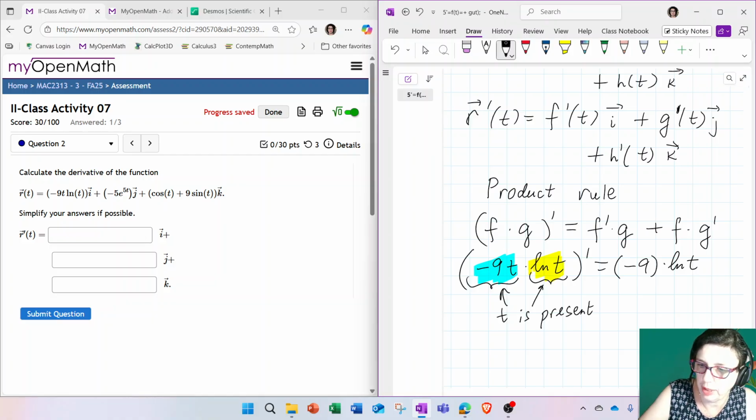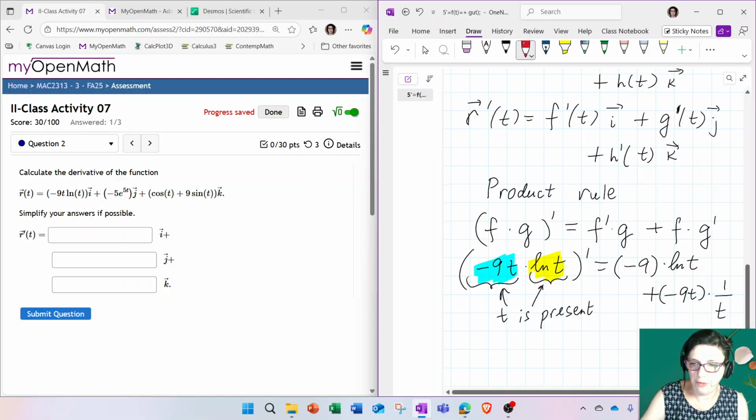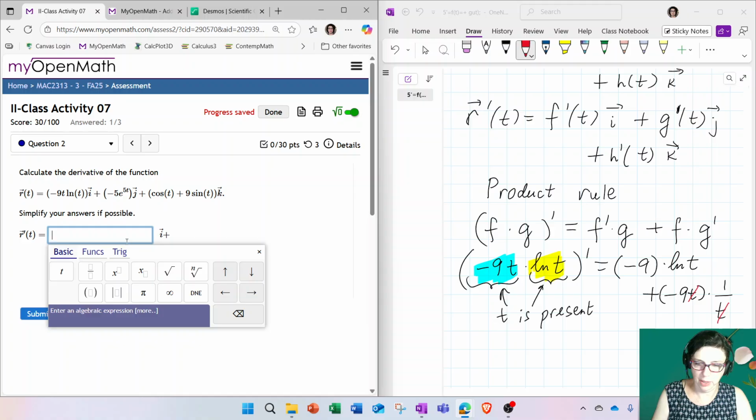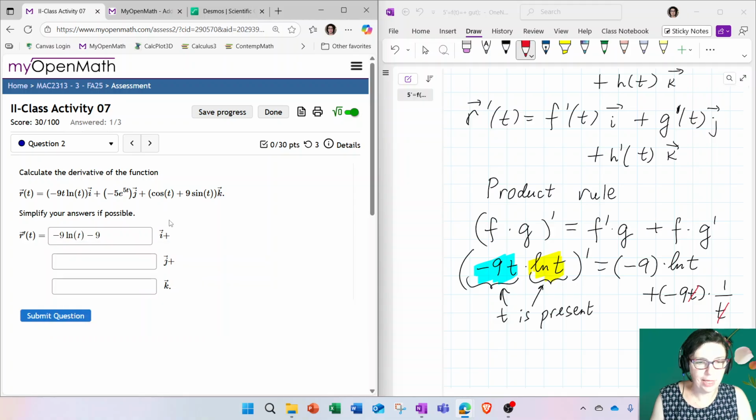Plus, now f, well, f is negative 9t, multiplied by the derivative of g. Hopefully you remember that the derivative of natural log of t is 1 over t. Again, that is one of those basic derivatives that everybody needs to memorize. And at this point, especially if they said simplify your answer, you are supposed to notice that this t right here cancels out. So this is going to become negative 9 natural log of t minus 9. Okay, so that's the i component.